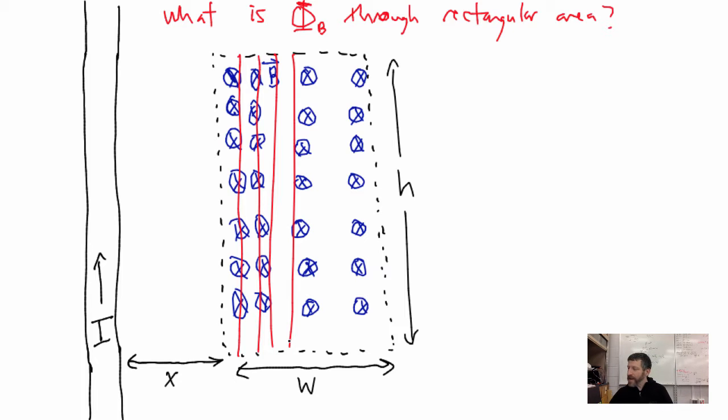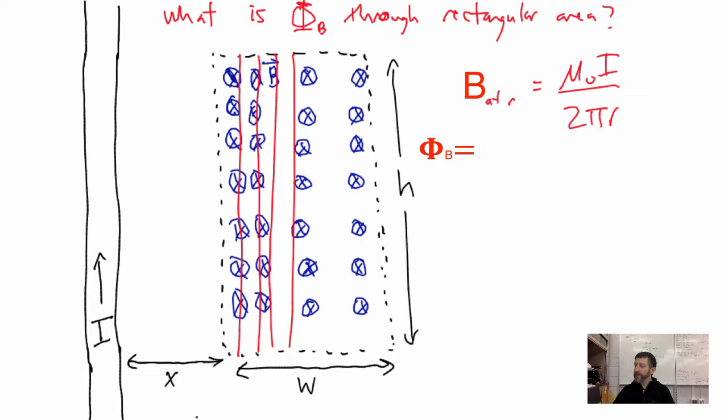So notice that because B at r equals mu naught I over 2 pi r, to get the magnetic flux, we're going to have to integrate B dotted with dA.